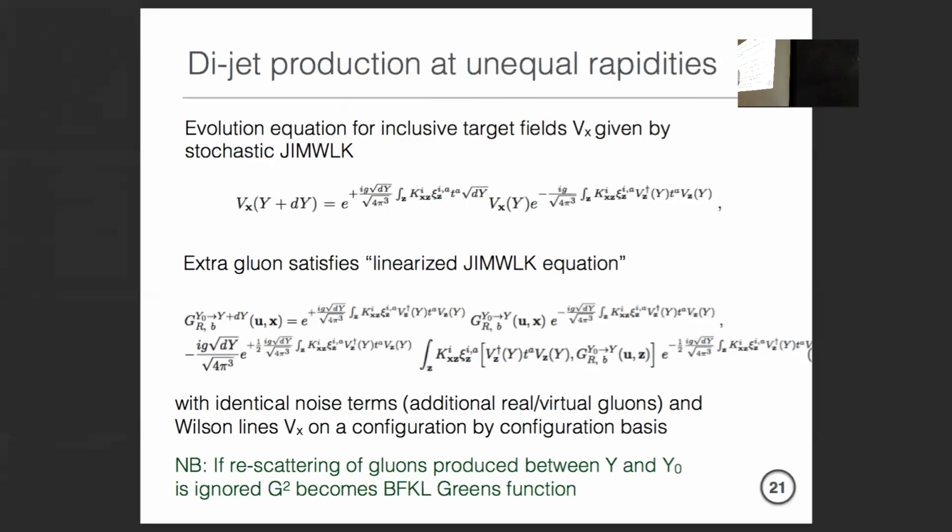In this problem, AGK works. Even though you don't assume the evolution between the projectile and the gluon to be linear, nonlinearities go away. Here, it is a two-gluon production that I'm talking about, but I believe it's similar for this quark plus gluon production that Soren is talking about.